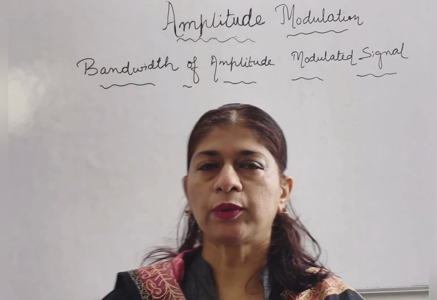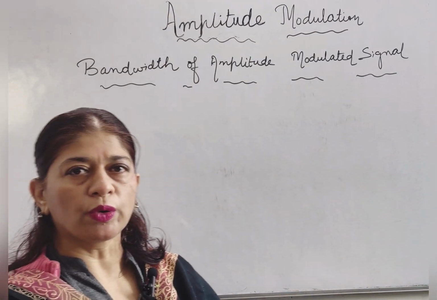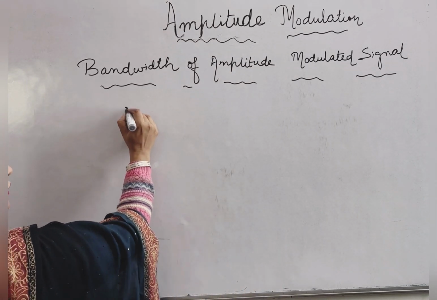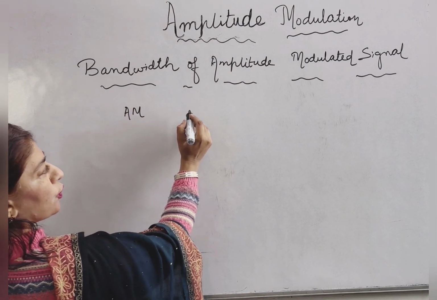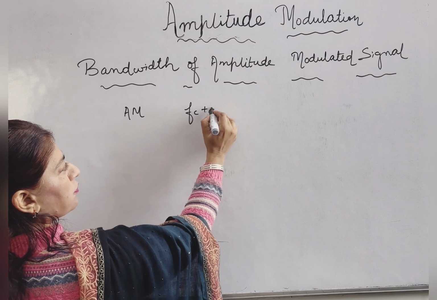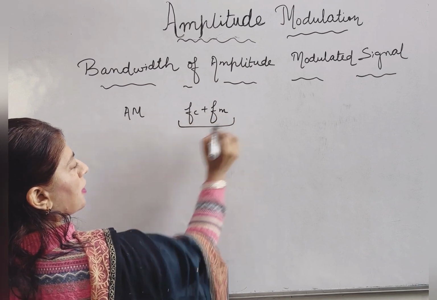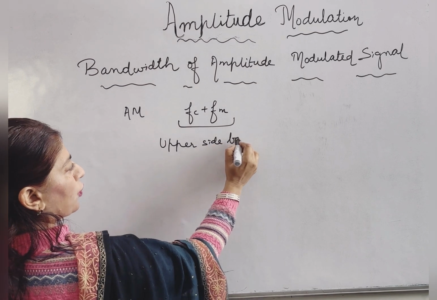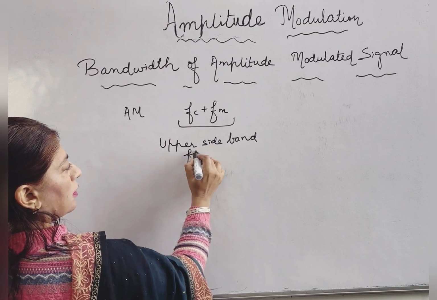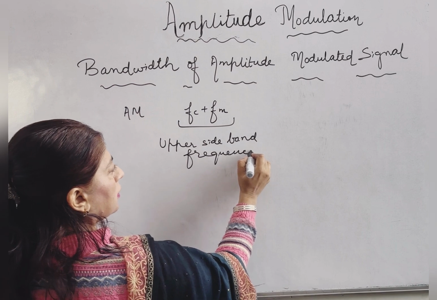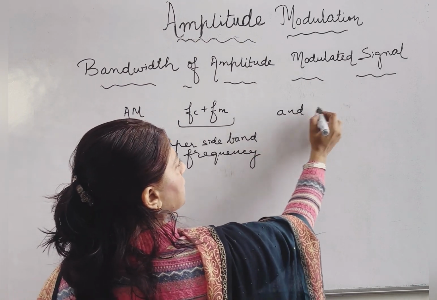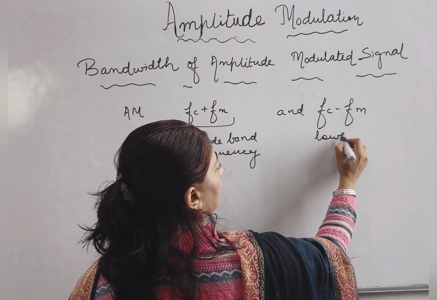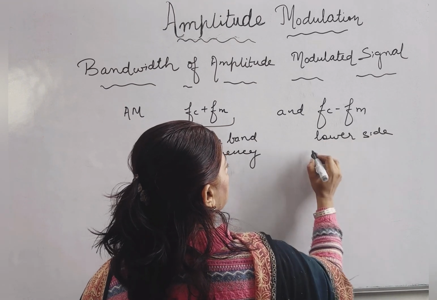Now we are going to calculate the bandwidth of the amplitude modulated signal. The amplitude modulated signal lies between the frequencies Fc plus Fm, which is the upper side band frequency, and Fc minus Fm, which is the lower side band frequency.